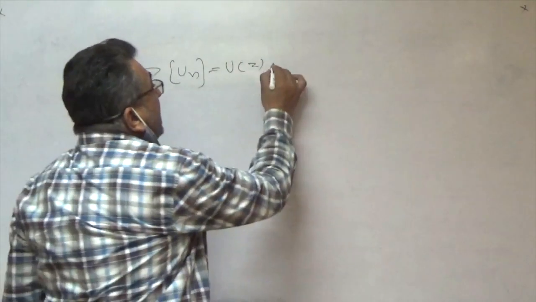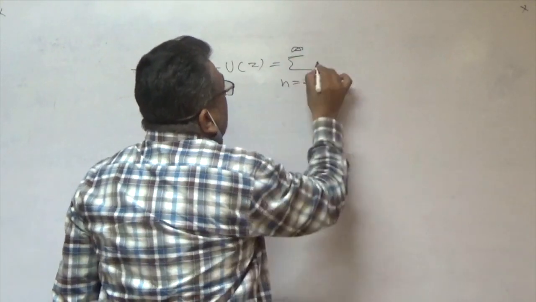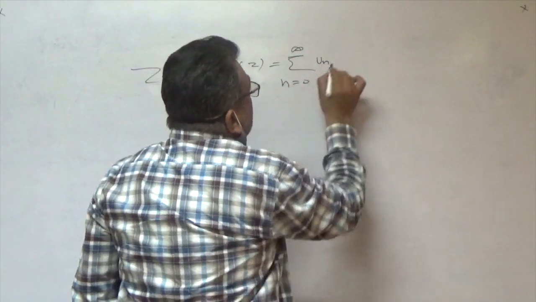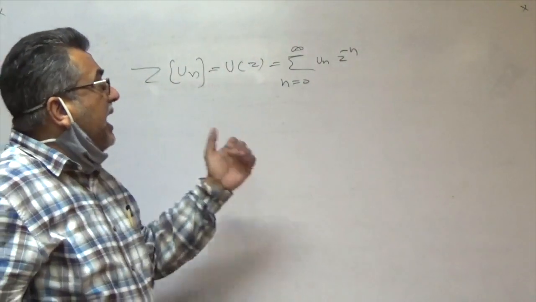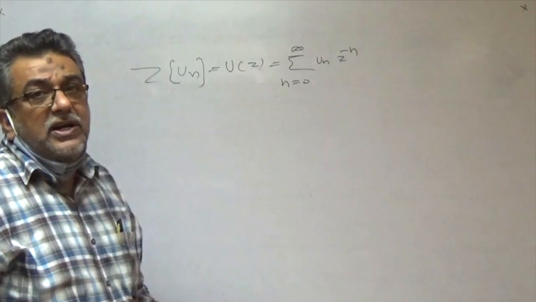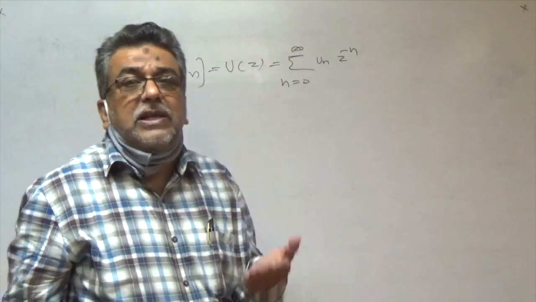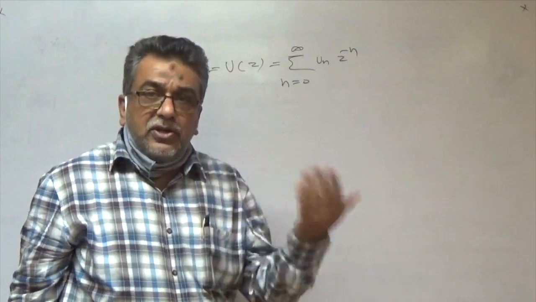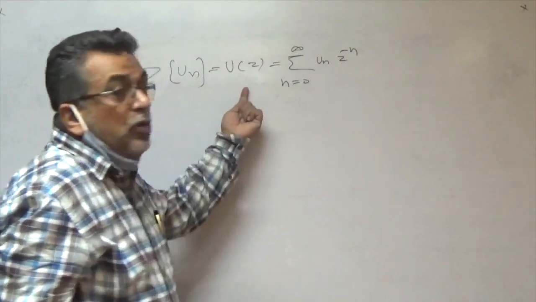Because I defined it as a series, n equal to 0 to infinity, u of n times z to the power minus n. If we expand this, we get an infinite series in z, and finally if we take the sum of the series with the help of the convolution theorem or GP, we get a function of z. So we denote this U of z.